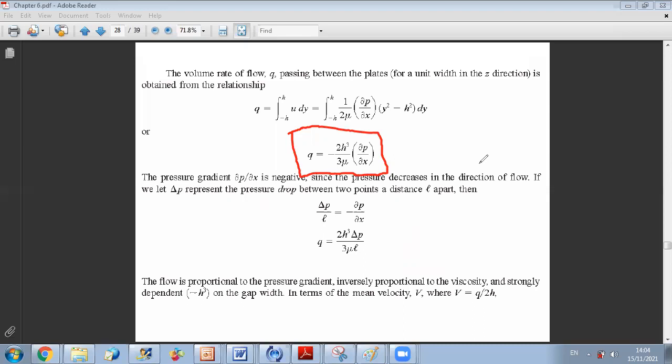Okay. Now we said that the pressure gradient del P by del X is negative because this is the driving force for the flow. So to be able to have a flow in this direction, I should give a certain potential. This potential to move is due to creating a pressure drop, because fluid particles will tend to go from high pressure to low pressure.